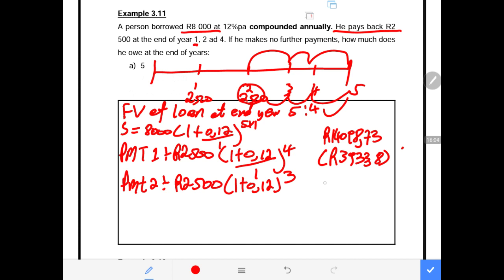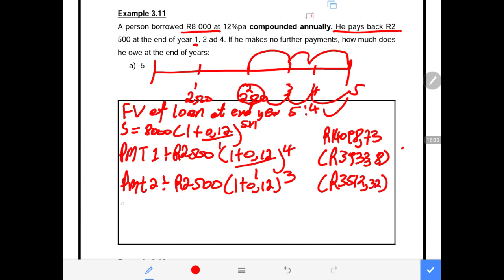Therefore that will be the future value of the payment that must be deducted. Remember, it must be deducted from the future value of the loan amount. 2.5 times open brackets 1 plus 0.12 close brackets to the power of 3. We get 3,512.32.